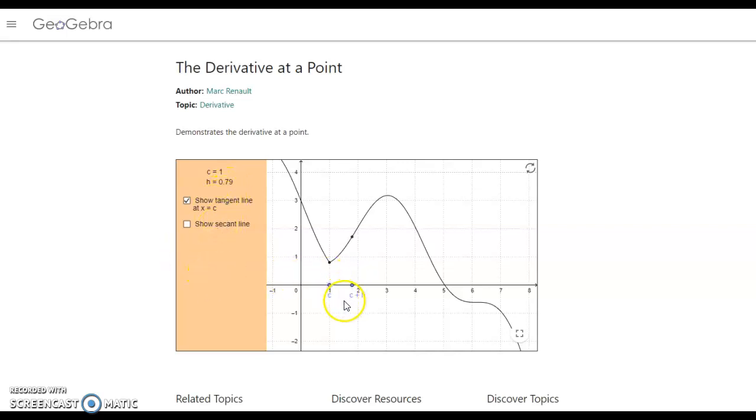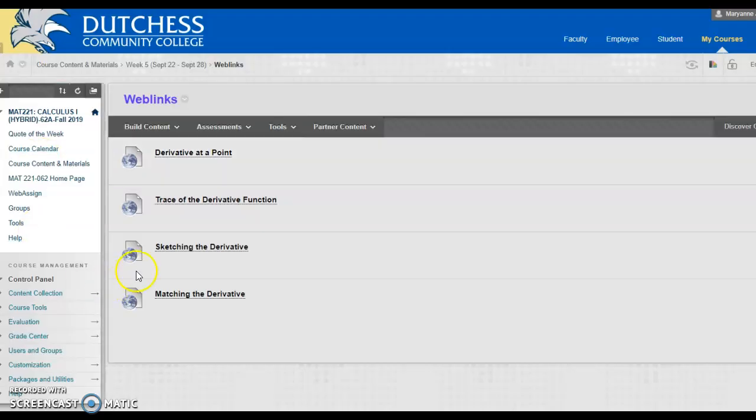It shows you how once I get to that sharp corner that we talked about earlier, there is no derivative, there's no tangent line because I can't find the slope there. But over here it's a really negative slope, then it turns to a positive slope, really positive. And now the derivative gets less and less as it comes towards 0, and so forth. So I wanted to show you some of these web links that I have.